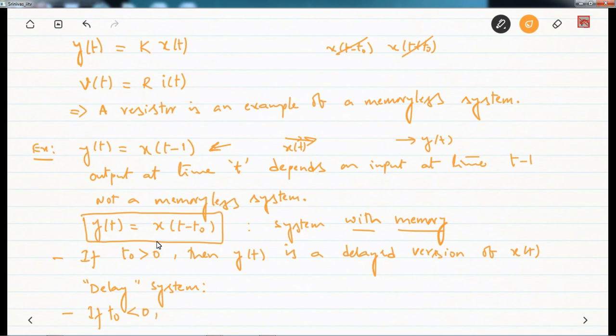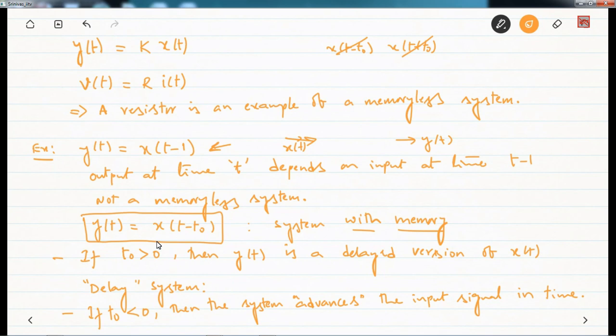If t naught is less than 0, then the system advances the input signal in time, right?